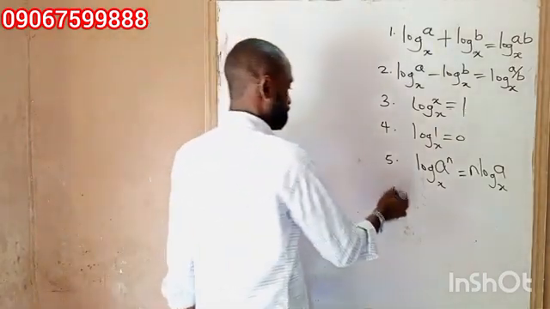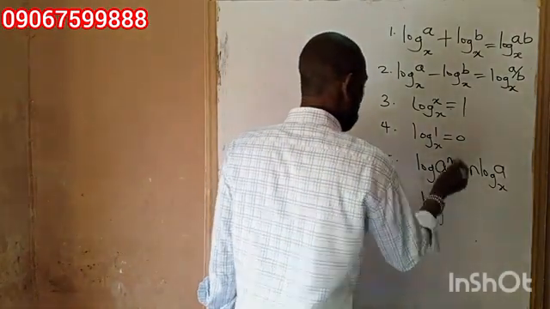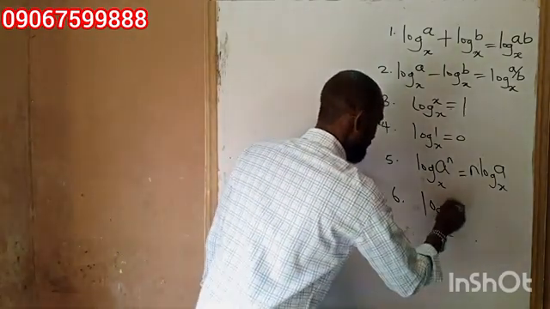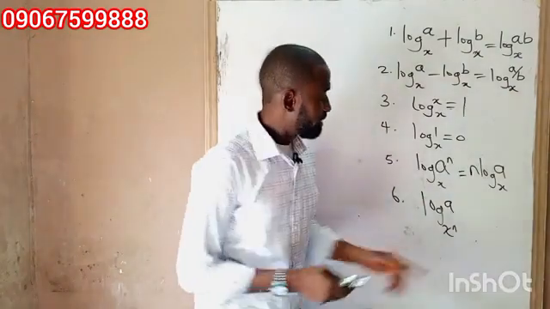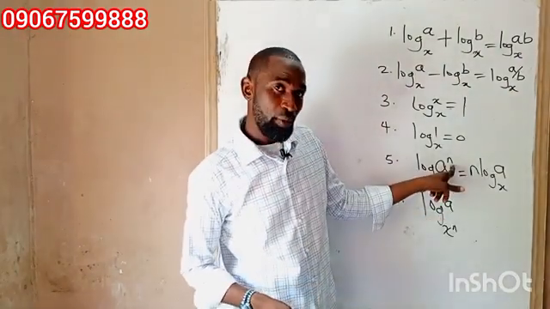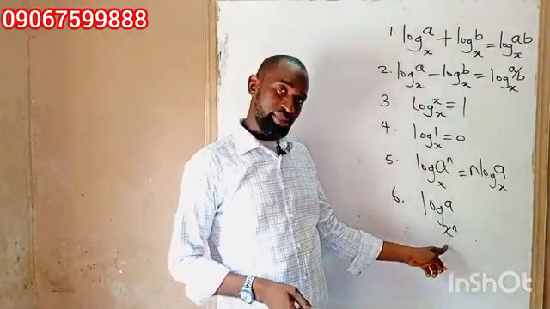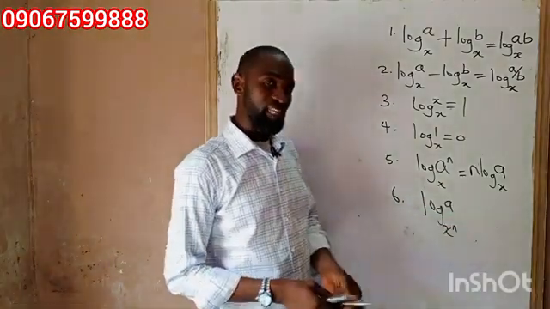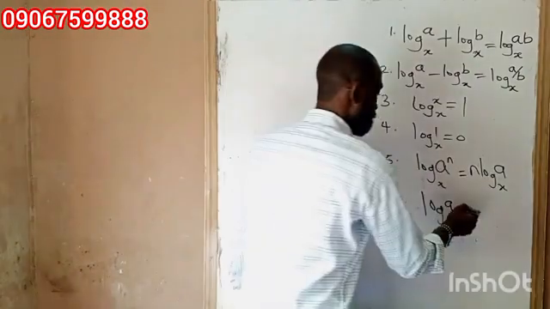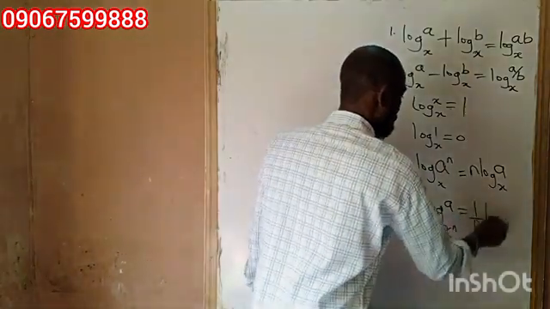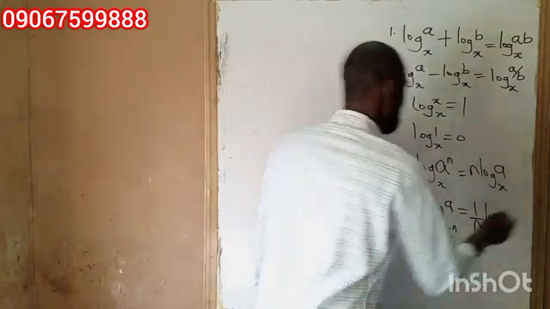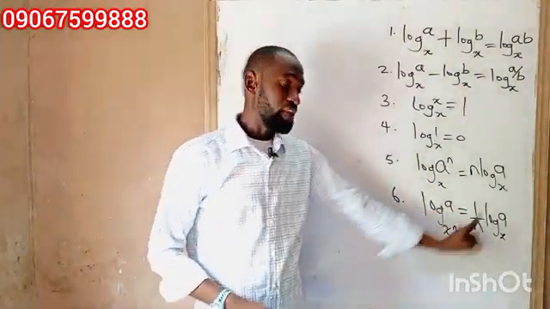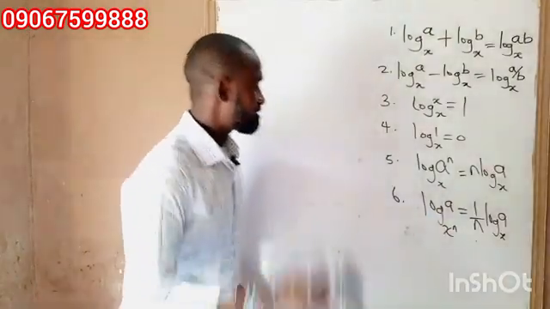The sixth one, if I have log of a base s raised to power n, look at this one. In the previous one, it is the number that is carrying the power, but in this one, it is the base that is carrying. If the base is carrying the power, our answer will be equal to 1 all over n log of a base s. It means it will come to the back, and it will now carry 1 on top. Is it clear? So that is the sixth one.